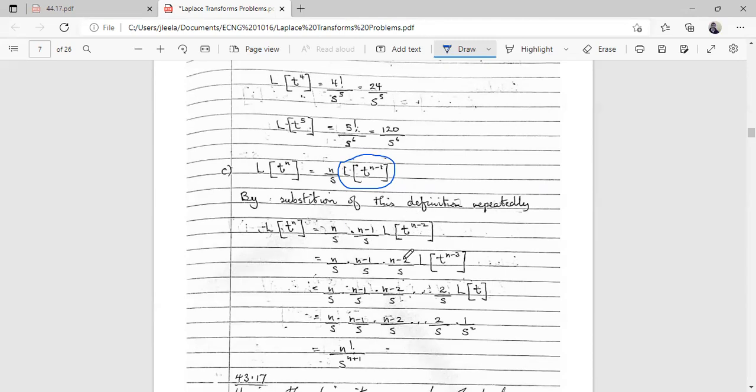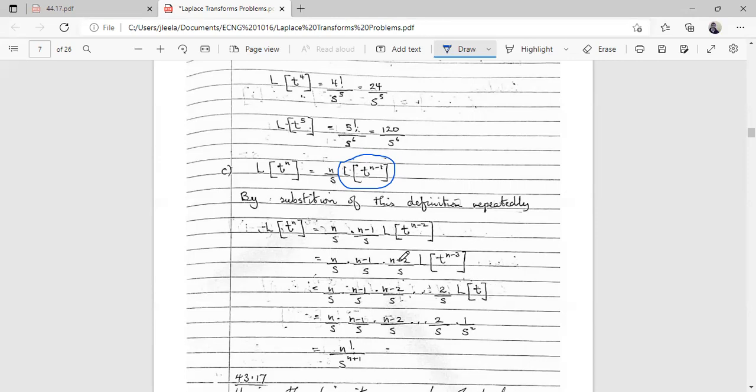Then we do that again, we'll have (n-2) over s, the Laplace of t^(n-3). Eventually, we'll end up with 2 over s, the Laplace of t.